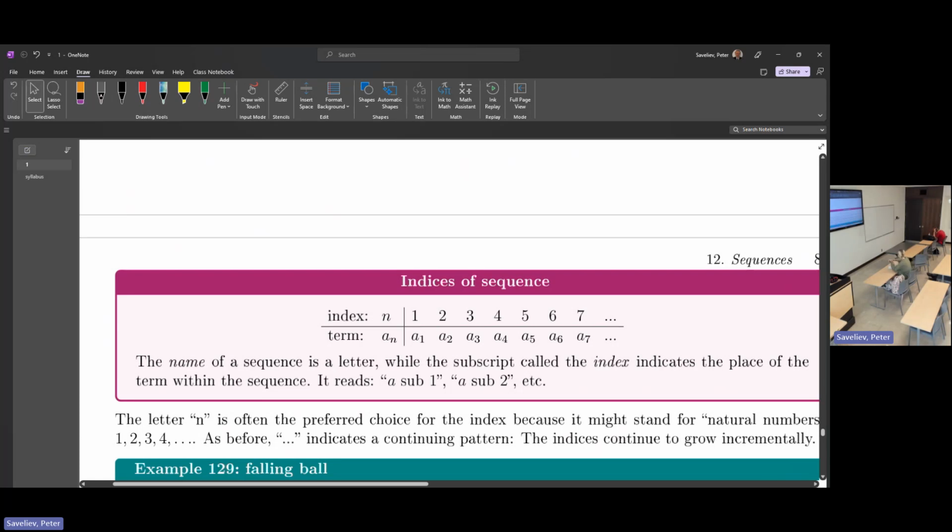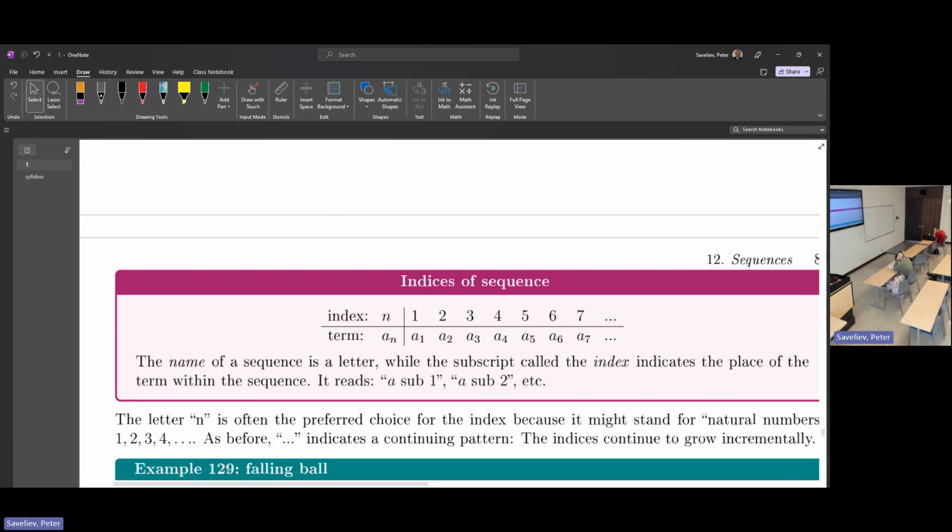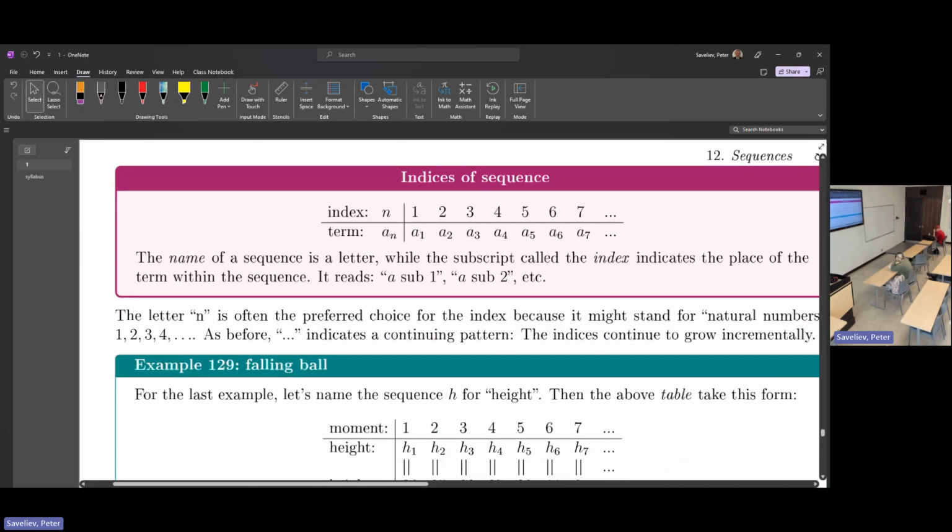So rather than having f of x, we have a sub n. The inputs we call the index, and it goes as a subscript of the name of the sequence. So our sequence is A, and it's as if it is a location where we are recording them. We're telling where we are.